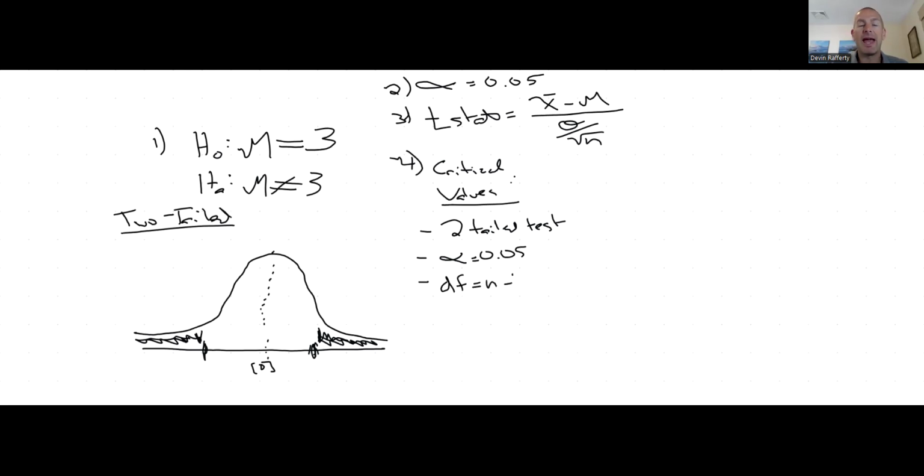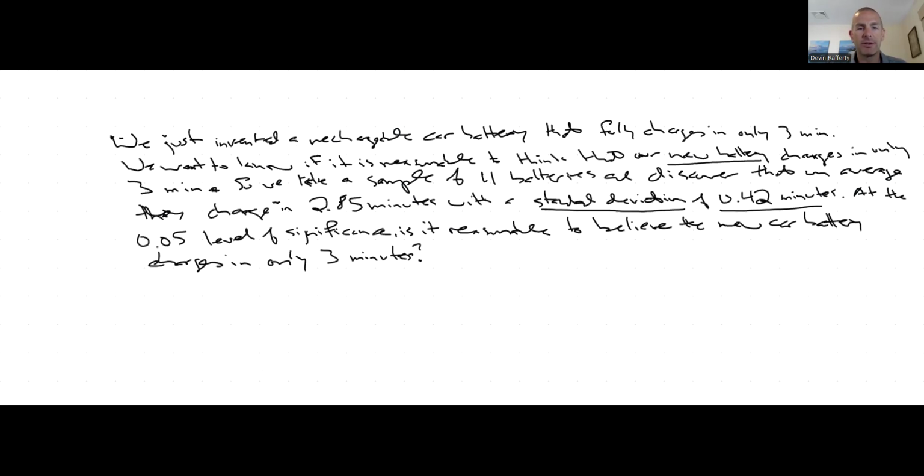Okay. So n is my sample size. What's my sample size? My sample size is 11. I took a sample there. How many things are in my sample? 11 of them. I took 11 things in my sample, and that's n. My sample size is 11.